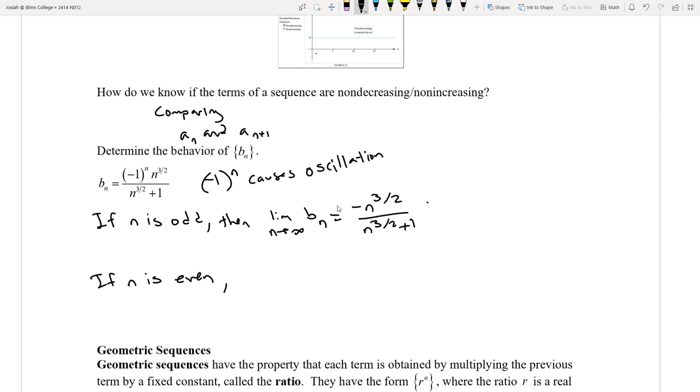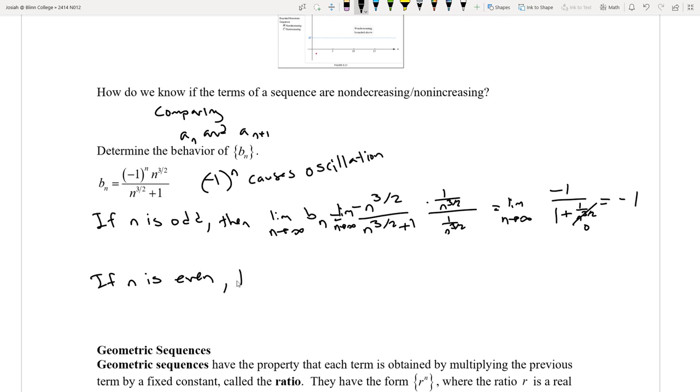I forgot my limit, which is a big no-no. There we go. We'll employ the same strategy as before. We'll multiply the top and the bottom by n to the largest power in the denominator, which is 3 halves. So we get negative 1 over 1 plus 1 over n to the 3 halves. This guy goes to 0, so we get negative 1.